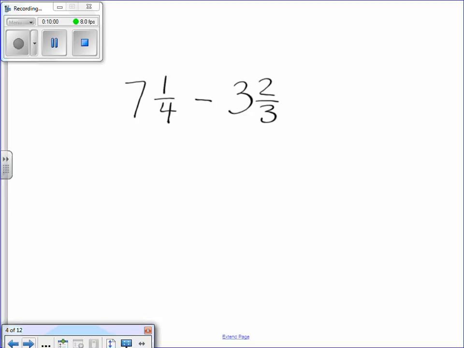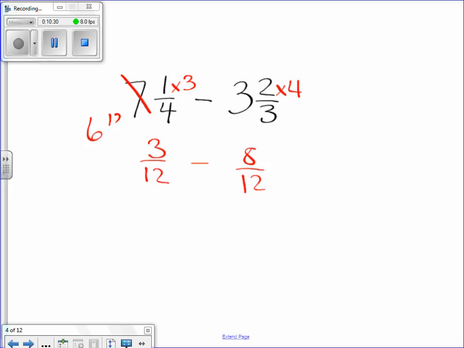So, 7 1/4 minus 3 2/3. Common denominator? 12. 4 to get to 12 is 3. 1 times 3 is 3. 3 to get to 12, 4. 2 times 4 is 8. 3 minus 8. So my 7 has to become a 6 and 12 twelfths.